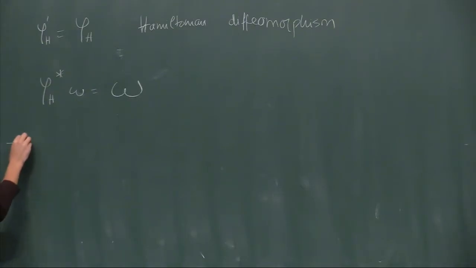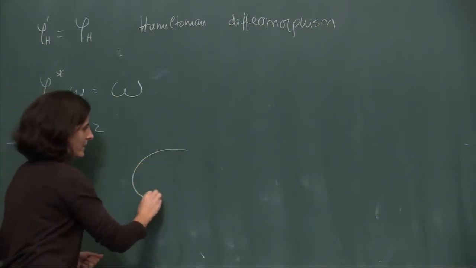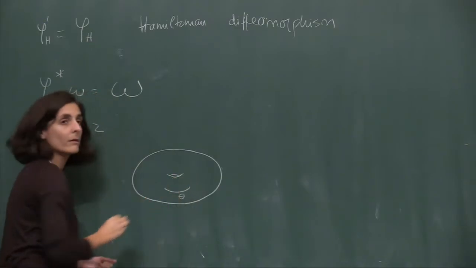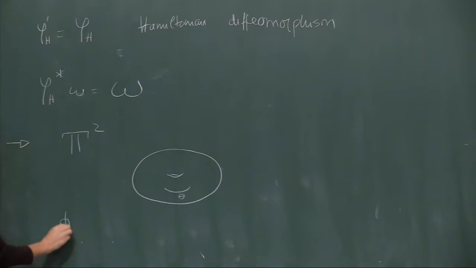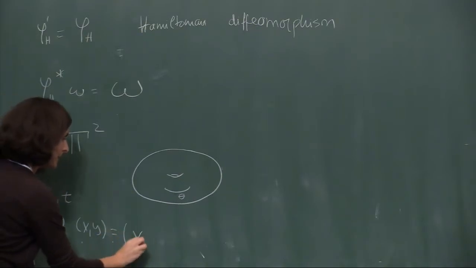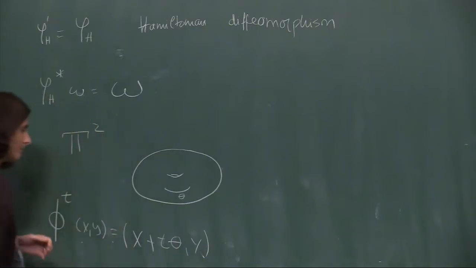And for example, if we consider, on the two torus, a translation, the horizontal translation by some angle theta, so my phi t at (x, y) would be (x plus t theta, y).